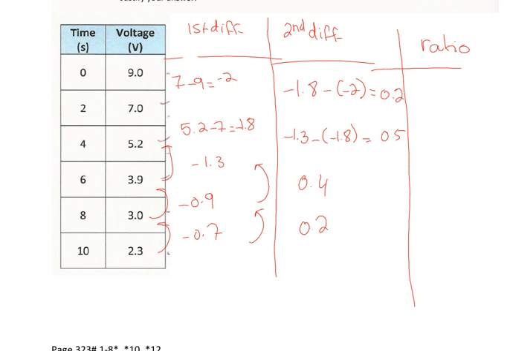So 7 divided by 9 gives me about 0.8. 5.2 divided by 7 is going to be 0.7. 3.9 divided by 5.2 equals 0.8. 3 divided by 3.9 equals 0.8. And 2.3 divided by 3 is going to be about 0.8.